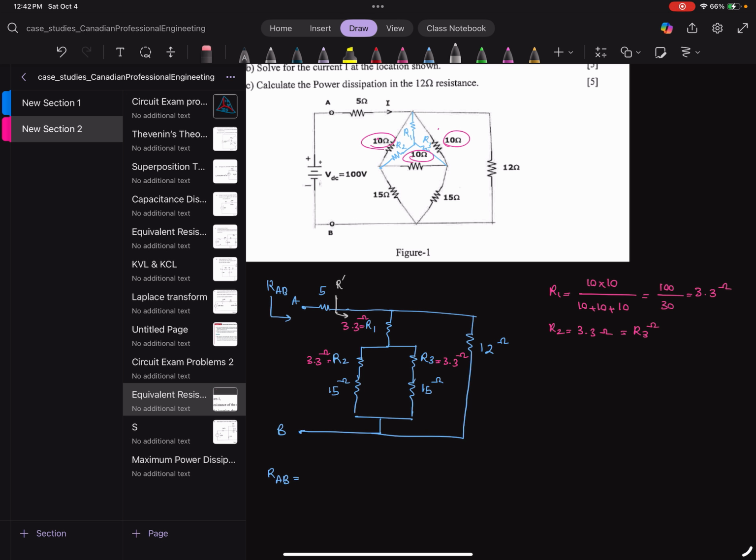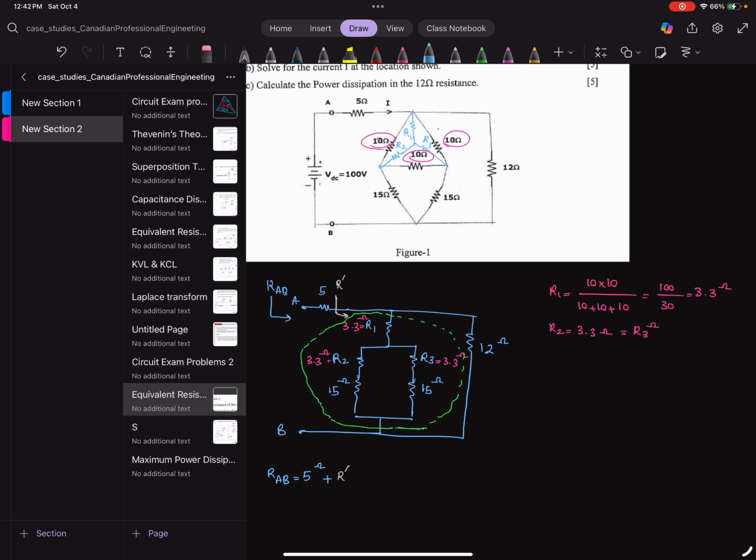Let's call this R prime. So 5 ohm plus R prime. What is R prime? R prime is actually whatever this total resistance is in parallel with 12 ohm.